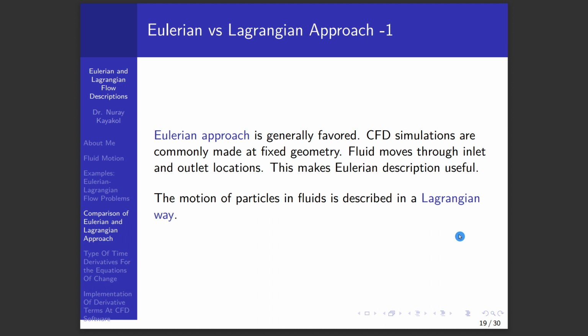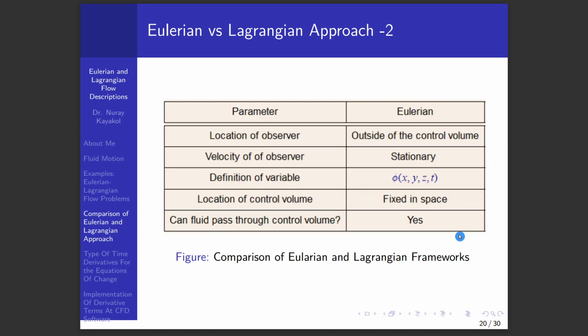Then we use the Eulerian description. If we have particles, we just follow the Lagrangian approach for particle tracking. So let's continue to compare.